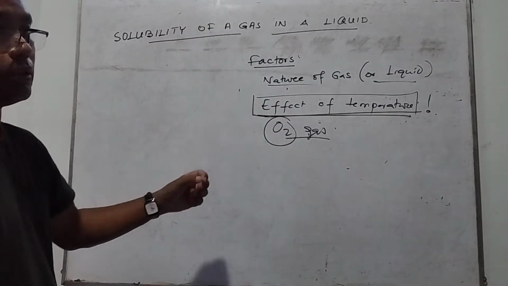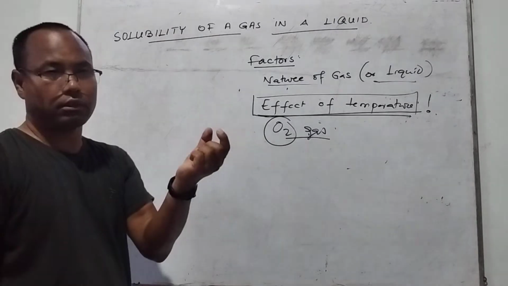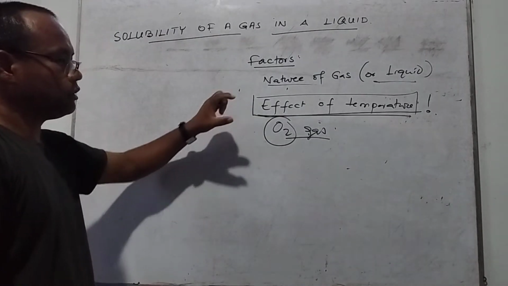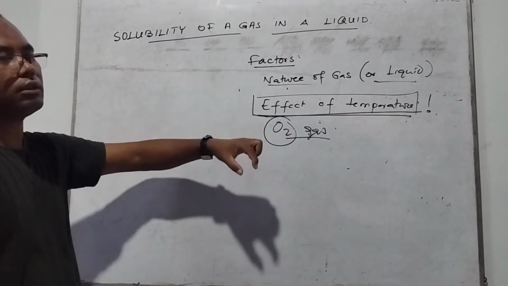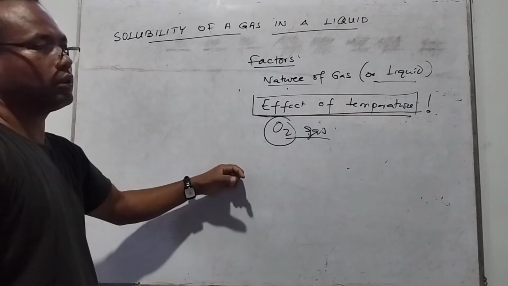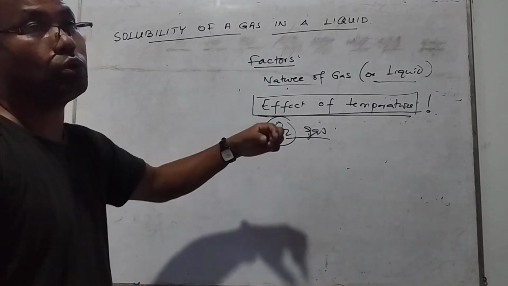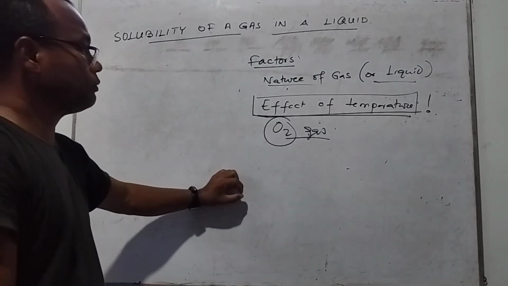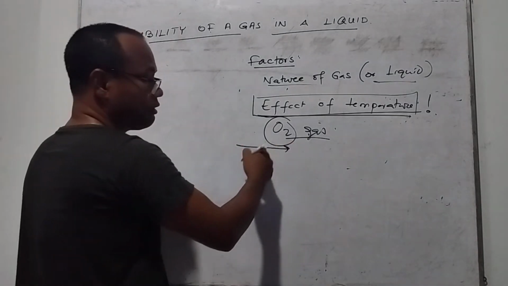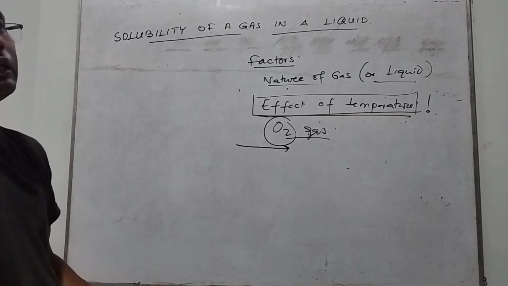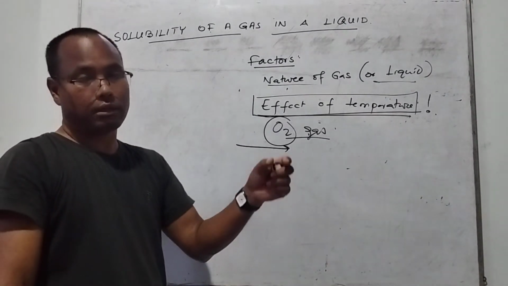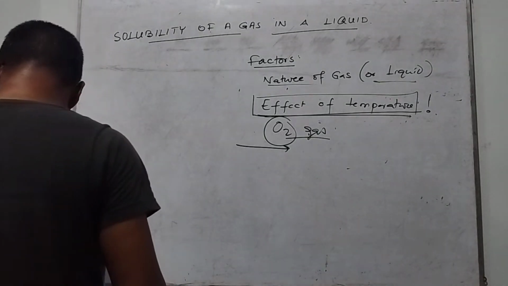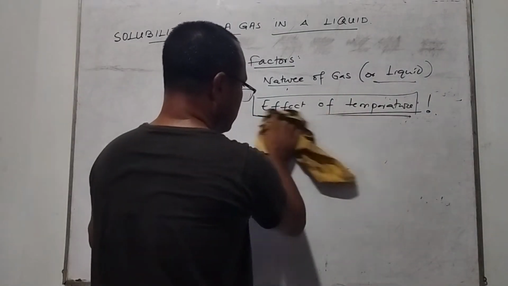Even in the warm water we drink, the oxygen quantity is very little compared to the cold water. That means oxygen can dissolve more easily in cold water, in the colder region, than in the hotter region. Therefore, aquatic animals like fishes are very comfortable in cold waters rather than warm waters. Don't forget. Understand? So that's the effect of the temperature.